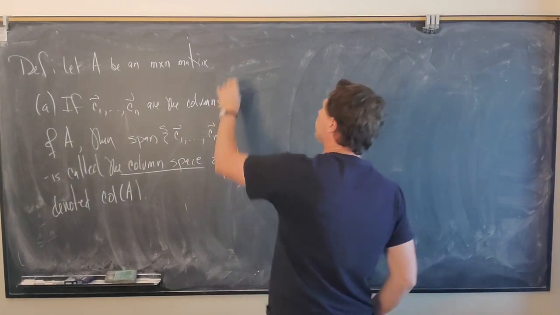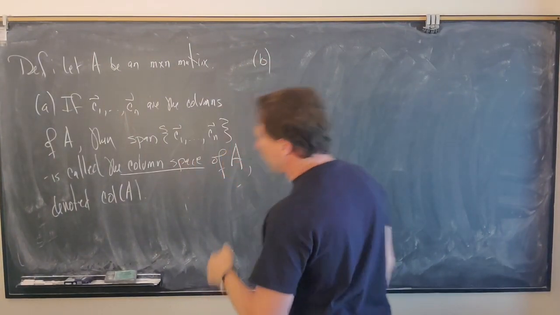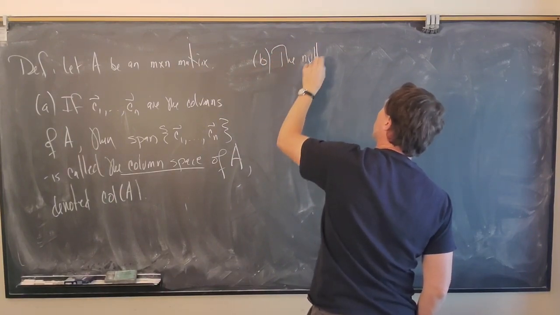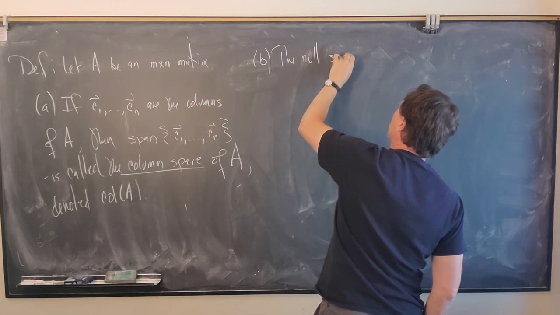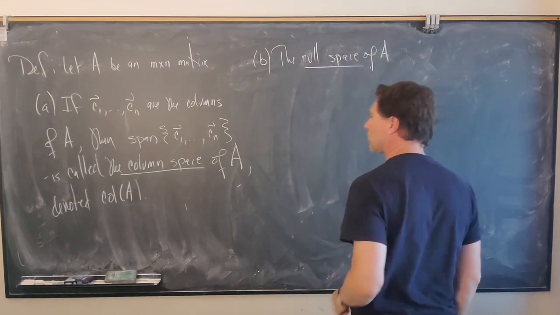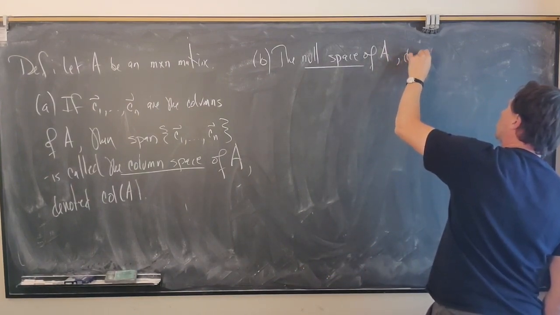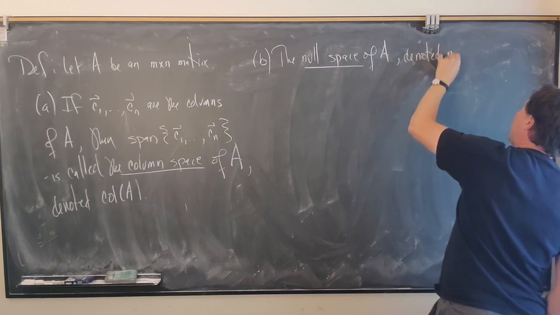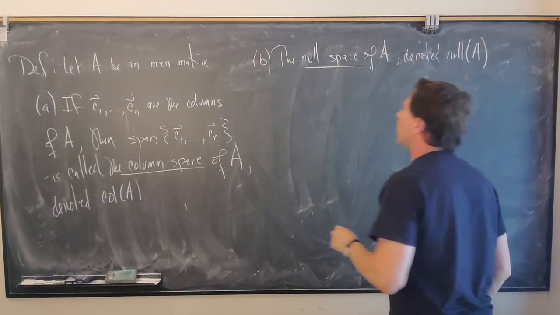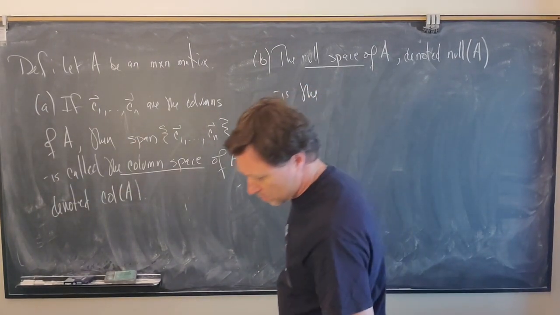There's a second one. The null space of A, denoted NULL of A, is the, how do I say this?